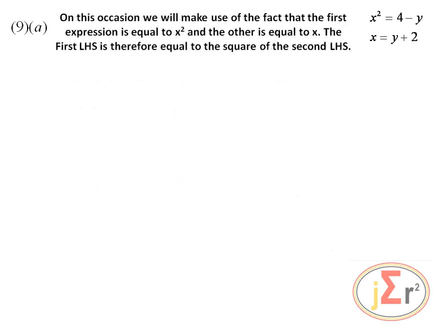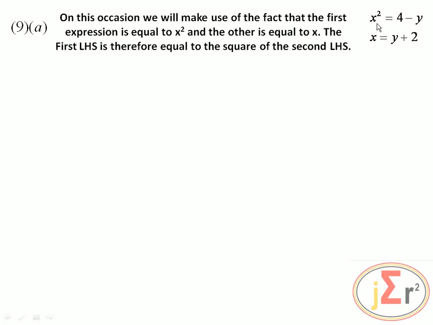Now we will take the other approach in solving this system. On this occasion, we will make use of the fact that the first expression is equal to x squared and the other is equal to x. The first left hand side is therefore equal to the square of the second left hand side.